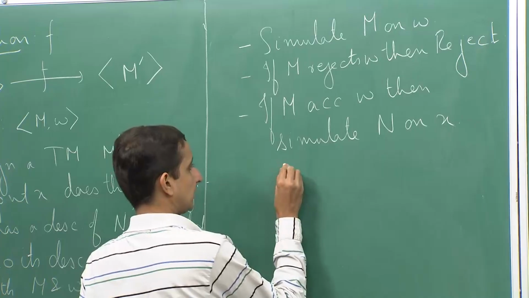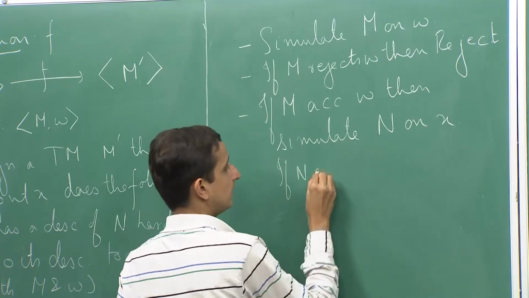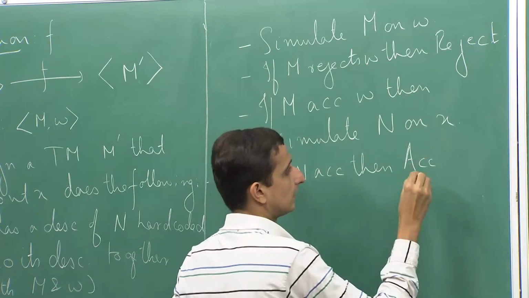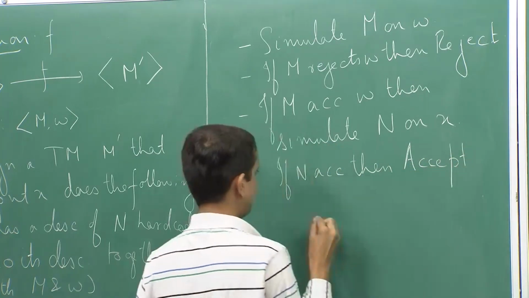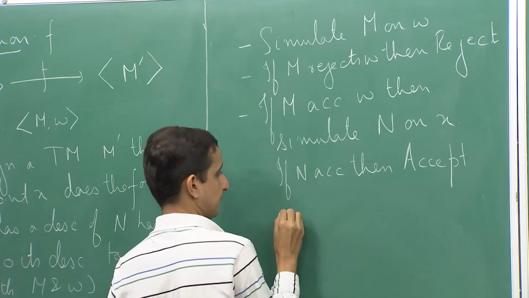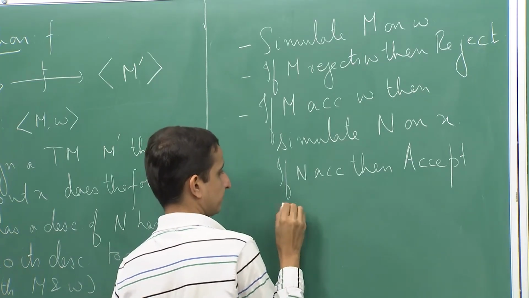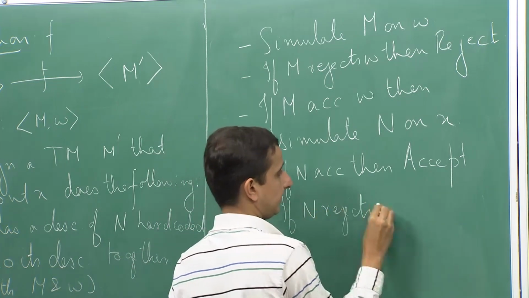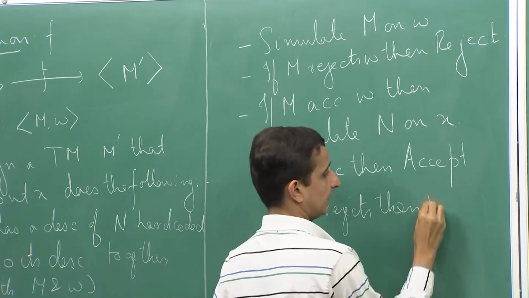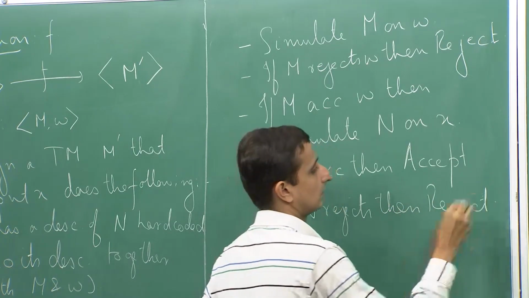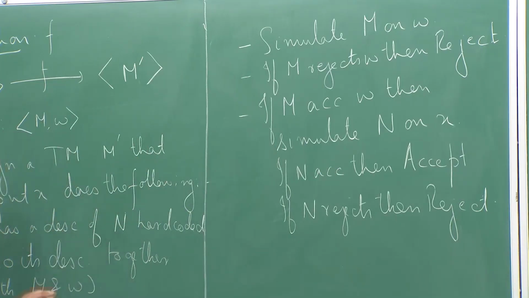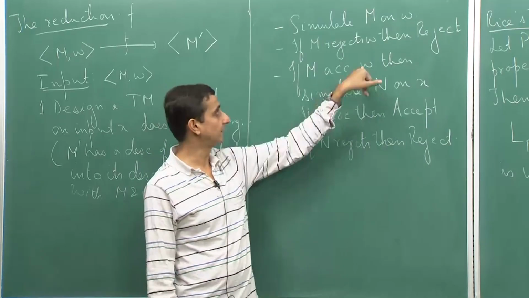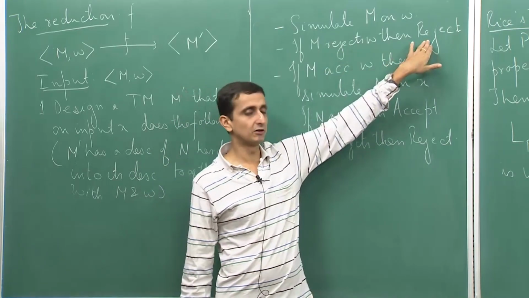Now, if N accepts, then accept, and if N rejects, then of course reject. So our machine M prime rejects here too. If N rejects, it will reject, and if M rejects, then it also rejects.